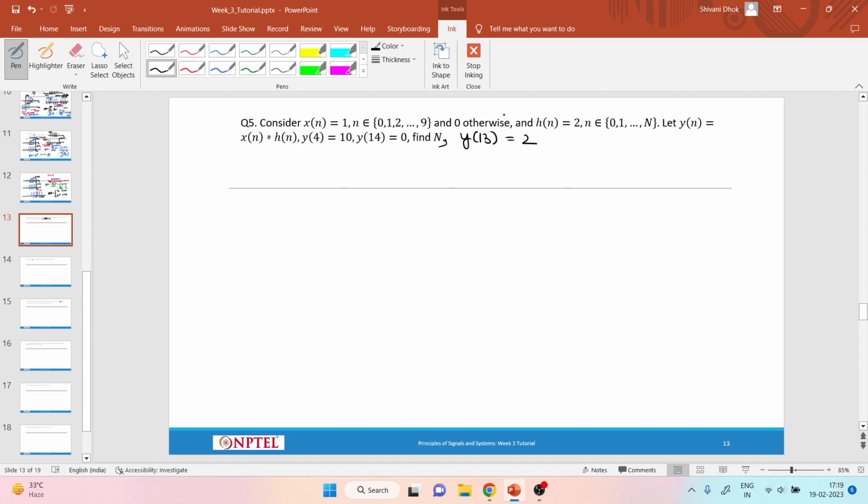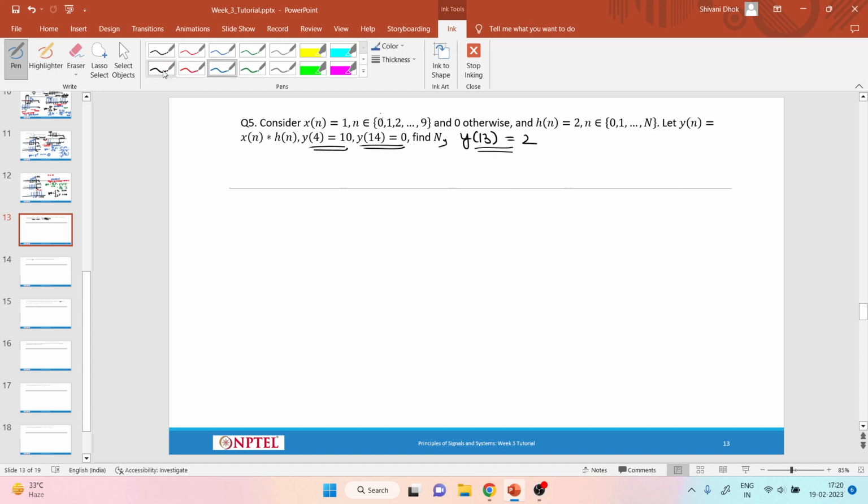So what is given is my x of n is equal to 1 for this range, that is 0, 1, 2 till 9, and it is 0 otherwise, and my h of n is equal to 2 for n equal to 0, 1, 2 and so on till n, and we need to find n. We are given that y of n is the output of convolution of x of n and h of n, and we have the value of y of 4 as 10, y of 14 as 0, and y of 13 as 2.